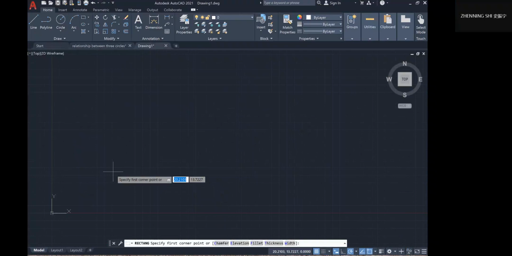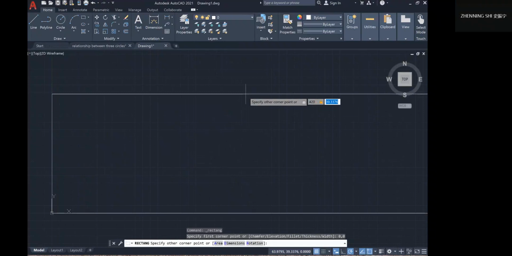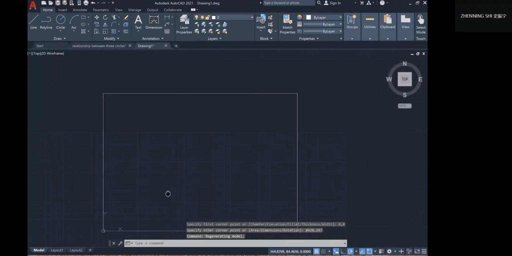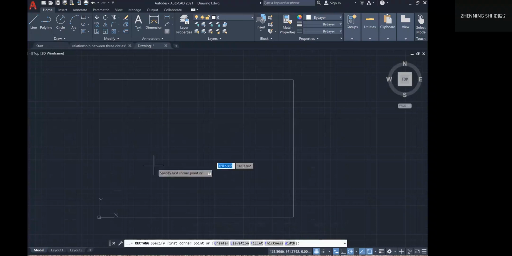At first, I'm going to draw the boundary. The boundary is 0,0, enter, and 420, 297. And another one is 30, 10.